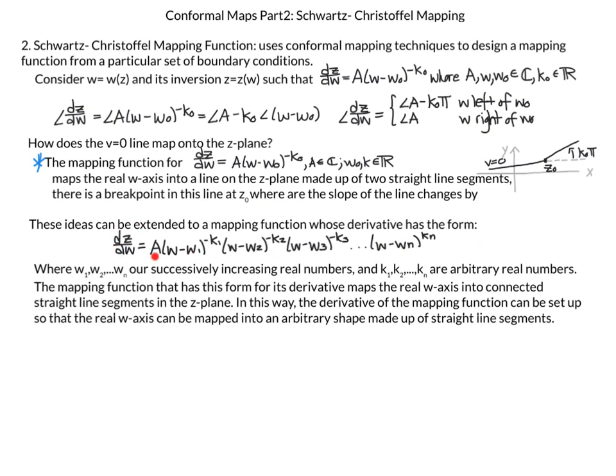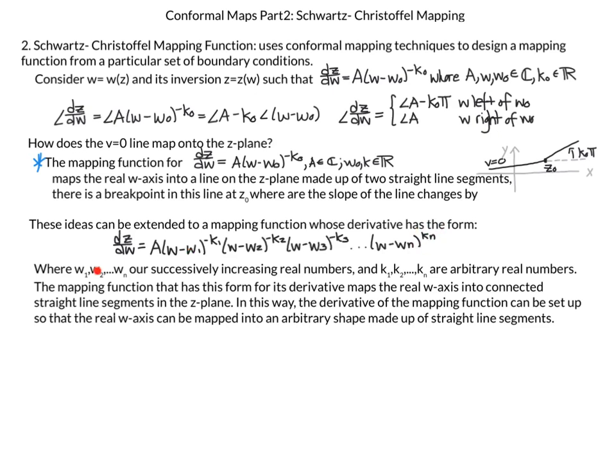dz/dw is equal to A (w - w1)^(-k1) (w - w2)^(-k2) up to (w - wn)^(-kn). So instead of just one factor, we have, in this case, n factors.